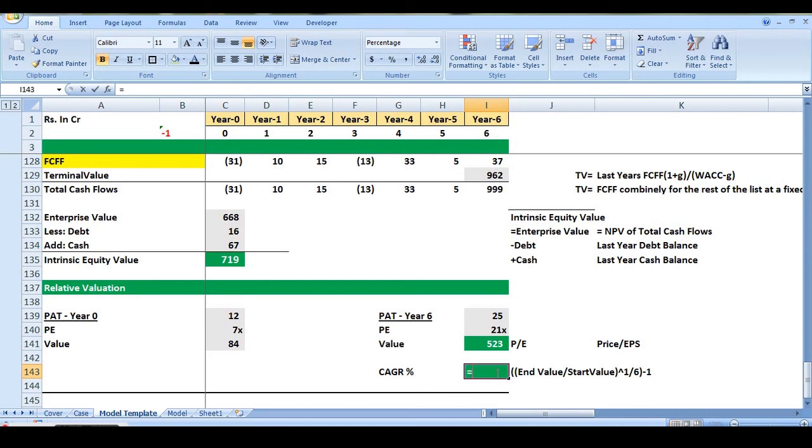Based on PE calculations, we calculate the CAGR as end value divided by start value power of 1 by 6. The total period in between 0 to 6 years is 6 years, bracket complete, minus 1. So it gives me the CAGR of 3.82%. So we can say that this organization is growing annually at the rate of 3.82%.